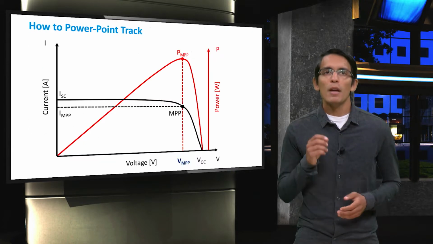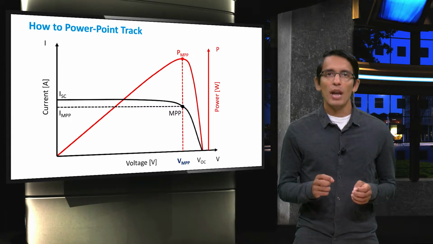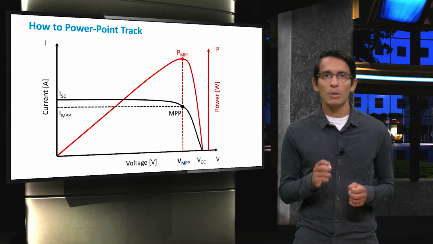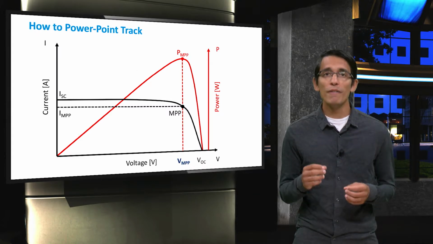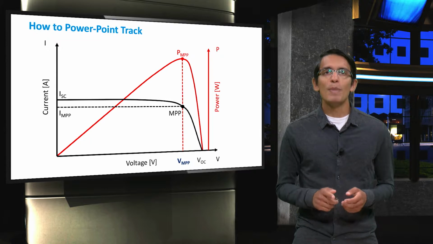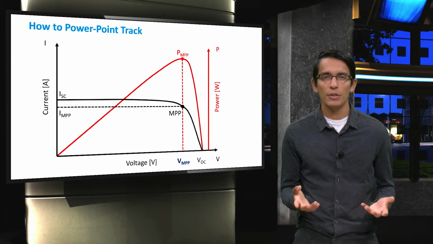Just to recap, the point of a maximum power point tracker is to find the voltage at which the solar panel delivers the maximum power, or VMPP. If we know the VMPP, then we can use power electronics to set that voltage to our solar panel or array of solar panels.